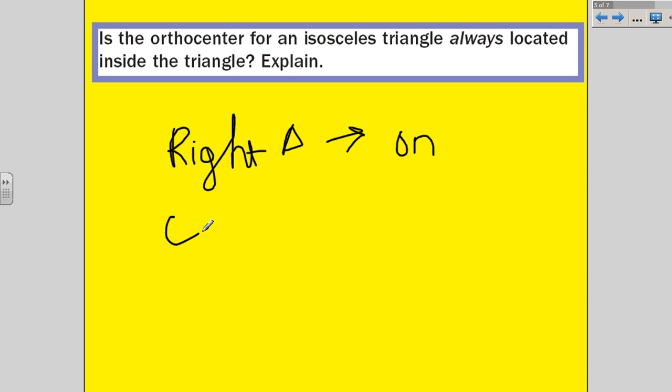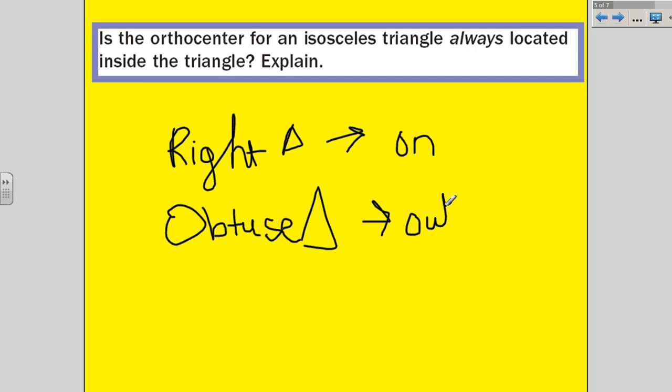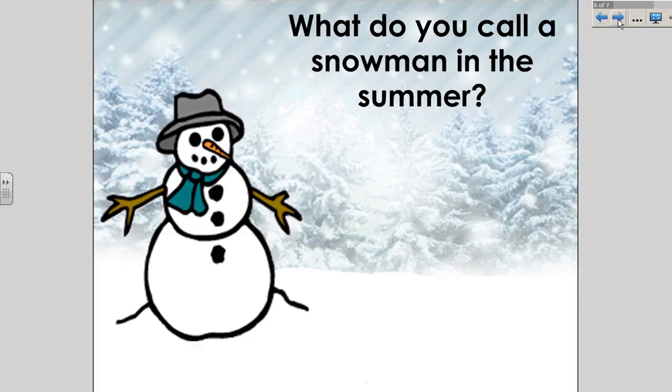And we also know that if it's obtuse, then it's going to be outside of the triangle. So when they ask, is the orthocenter for an isosceles triangle always located inside the triangle, we can say no because of this. And that concludes our lesson, which means it's time for our joke.